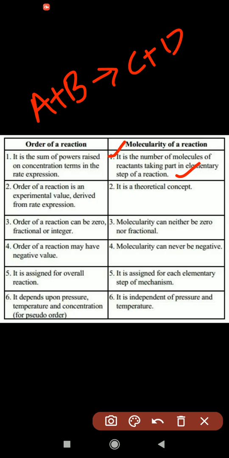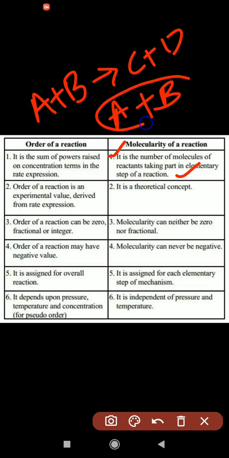How many reactants participate? Only 2 moles of reactants, that is 1 mole of A and 1 mole of B. So the molecularity of the reaction is 2. That means the number of reacting species participating in the elementary reaction is called the molecularity of a reaction.